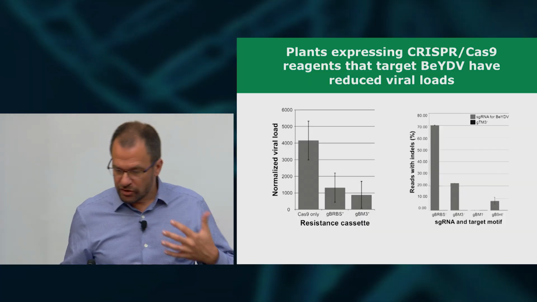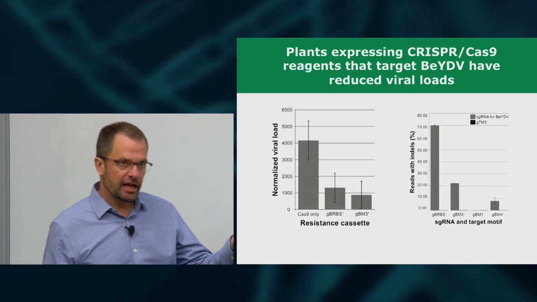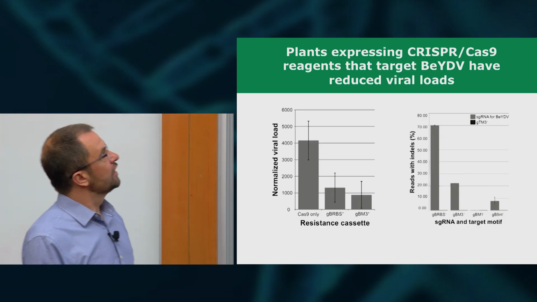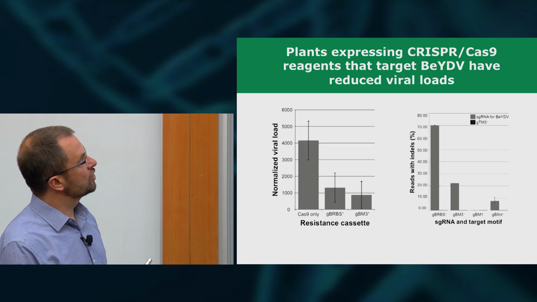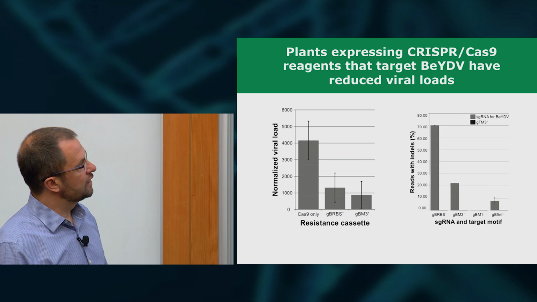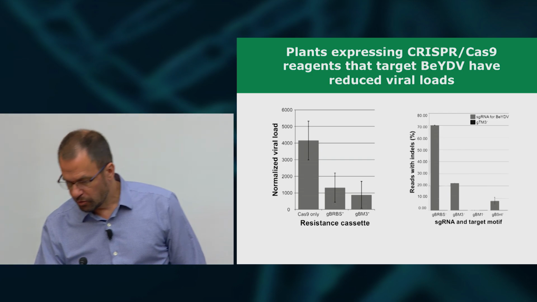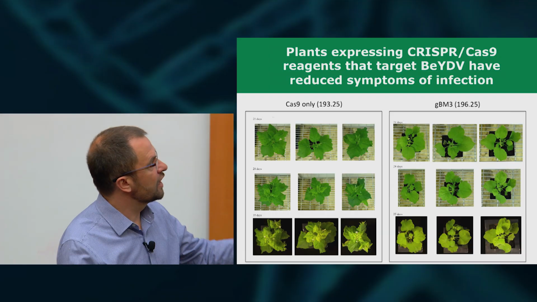And then that gave us the motivation to make stable transgenic plants that had Cas9 and guide RNA targeting the DNA viruses. We then infected those plants and measured the amount of viral load. And again, we saw less virus in the plants that were expressing the guide RNAs. And the real proof in the pudding was when you could actually see the phenotype.